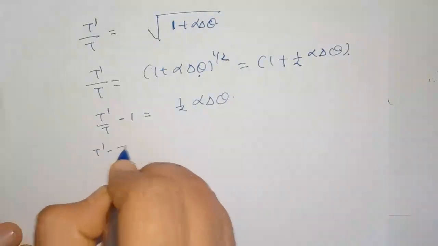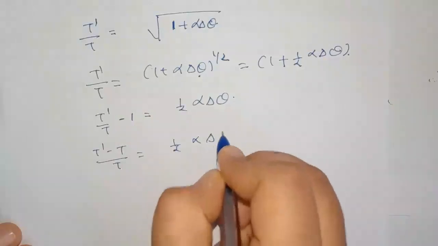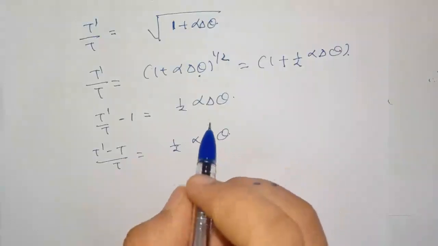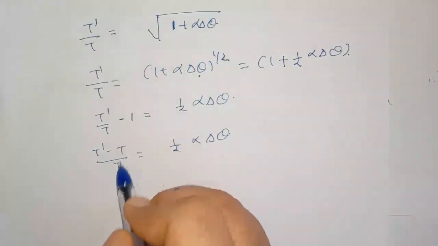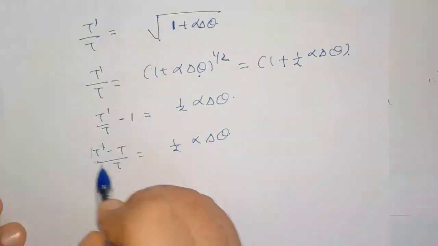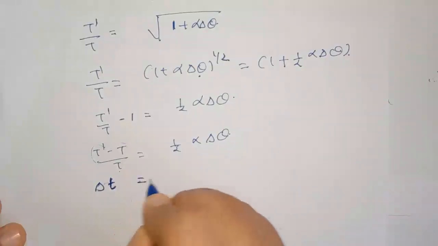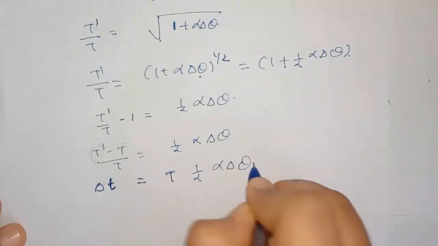So, (T dash minus T) upon T is equal to half alpha delta theta. Here, it is the fractional change (T dash minus T) upon T. This is the change in time. Let's say this is delta T. It can be written as T into half alpha delta theta.